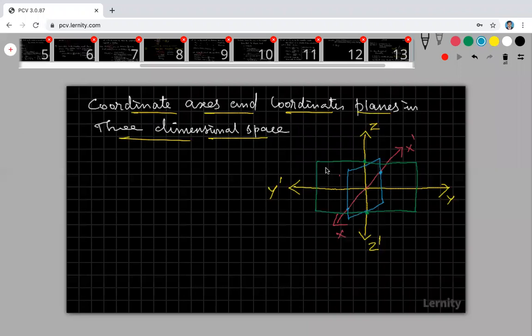Plane on y-axis, I'm going to take like that. See that? This is my plane on y-axis. Right.